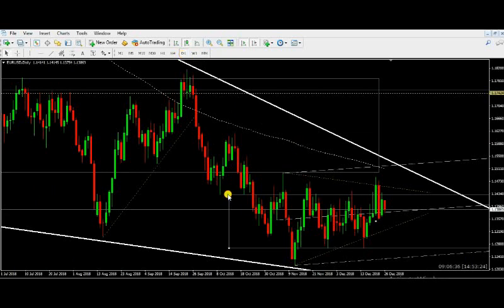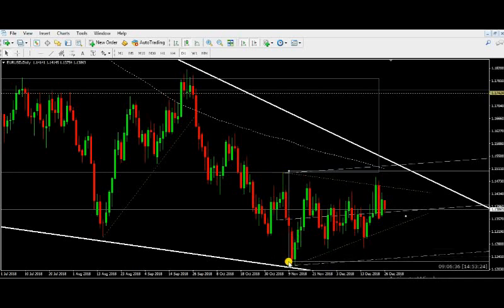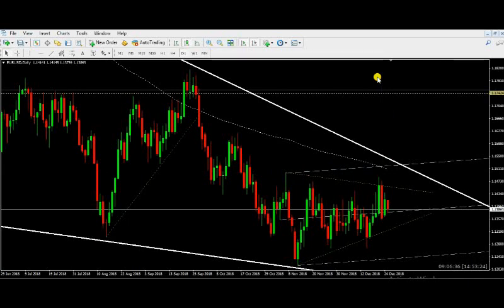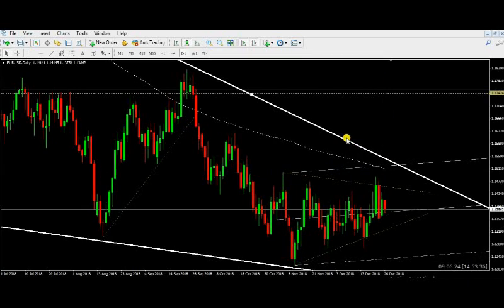So here we're back on this daily chart, and I hope that you can follow what is happening here on this chart. Let me just clean it up a little bit so that we can see clearly what we are seeing. I really want that white line to be there.